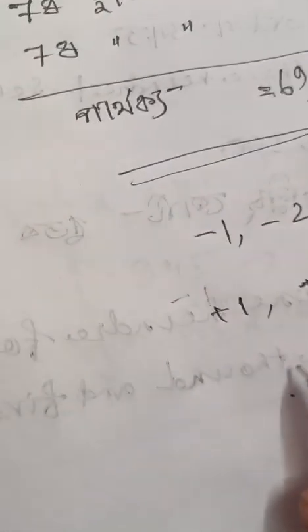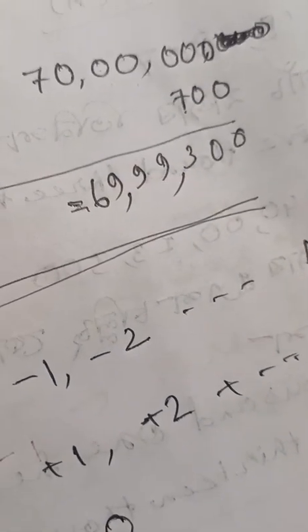And plus 1, plus 2, plus 3, etc. Positive numbers, and here we get 0. Okay, 0 is neither positive nor negative.